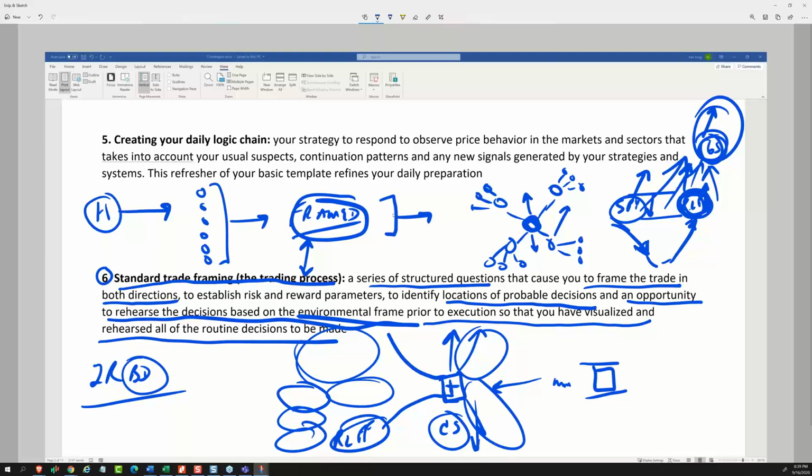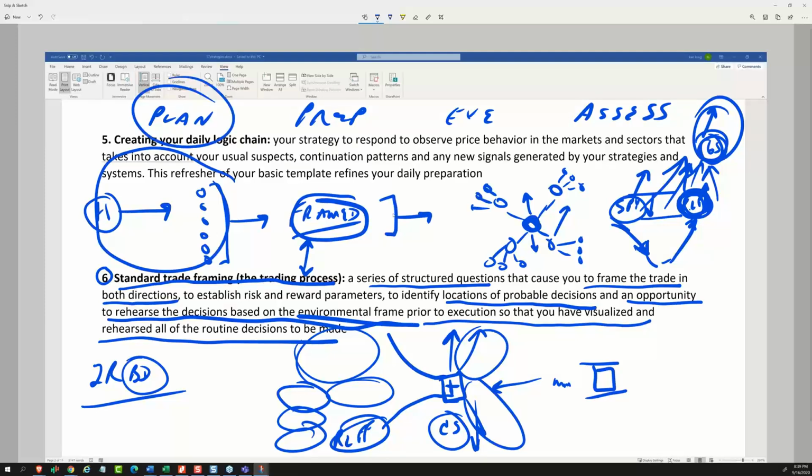So when we think about plan, prepare, execute, and assess, you can now see all of those steps in these 2 strategies. Going from the herd to the symbols of interest is planning.